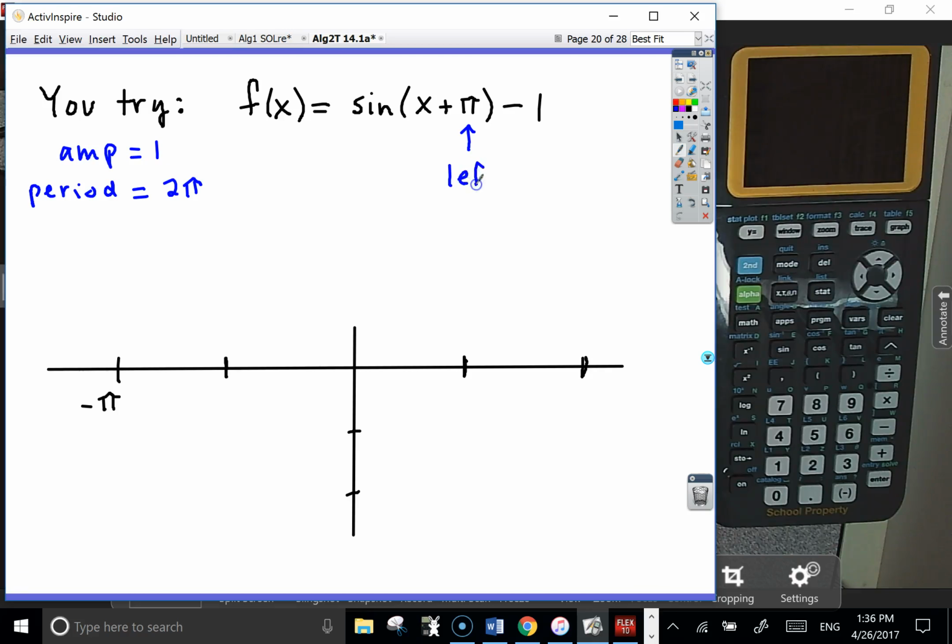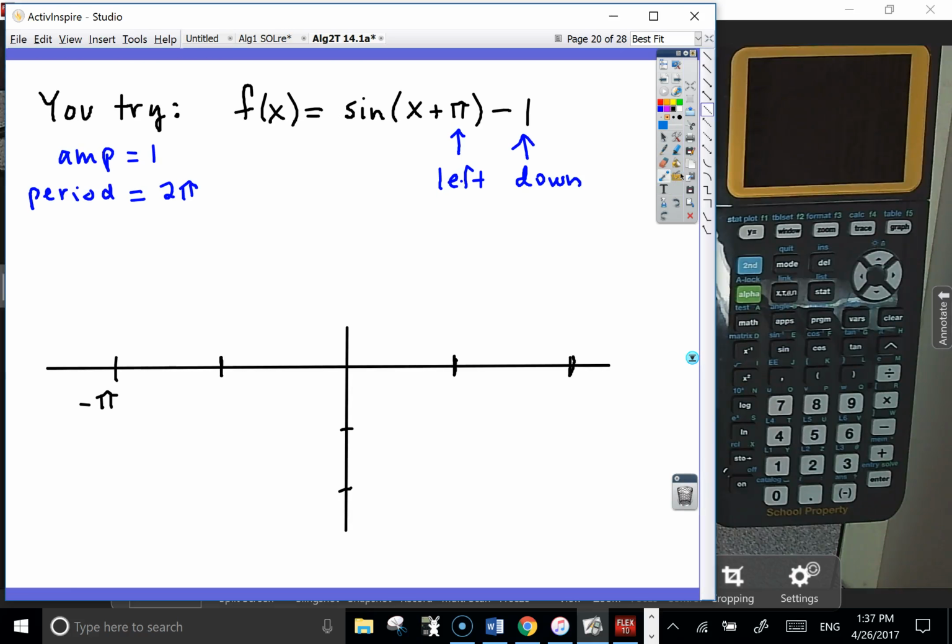Left. Okay. And what's the effect of the minus 1 after? Down, right? So again, I'm going to do this, and this is not a bad habit to get into. Because it's down 1, let me change the center line.